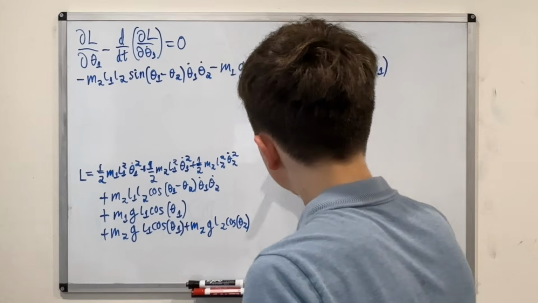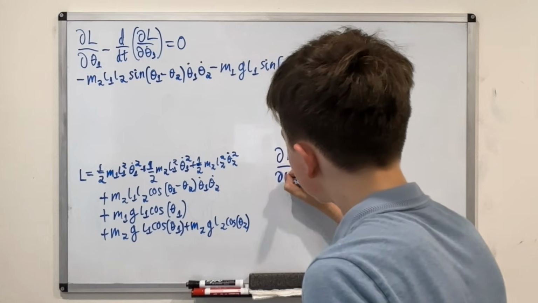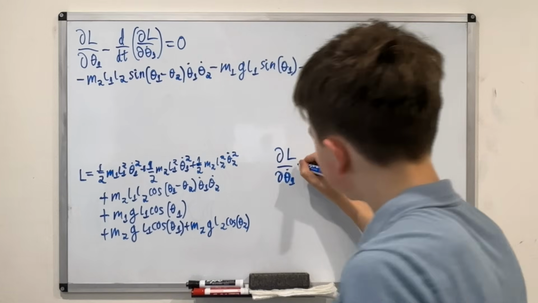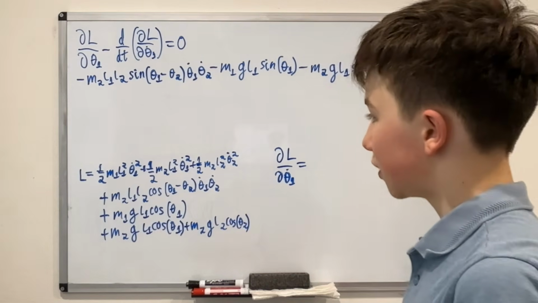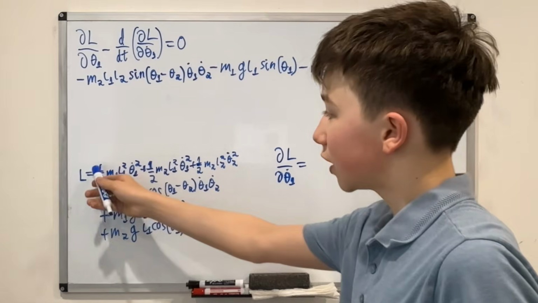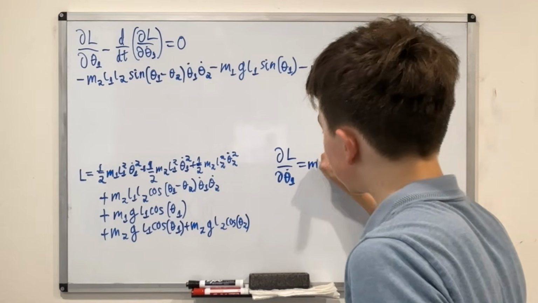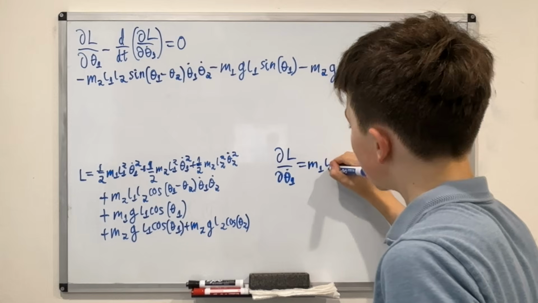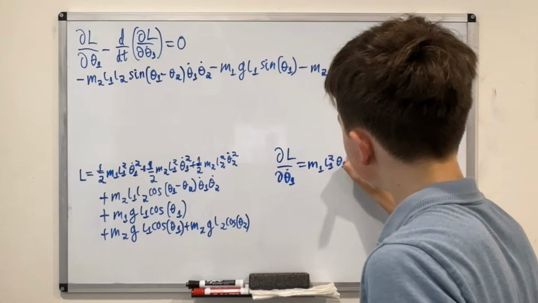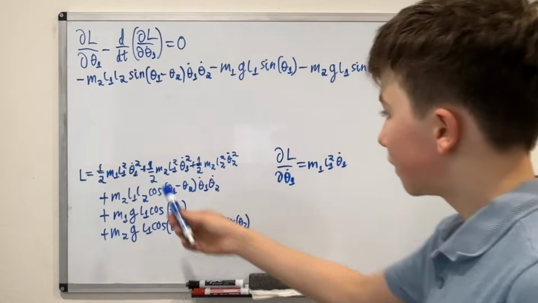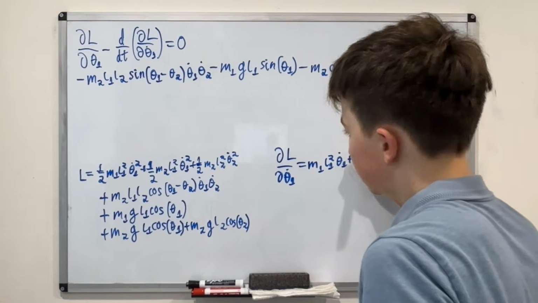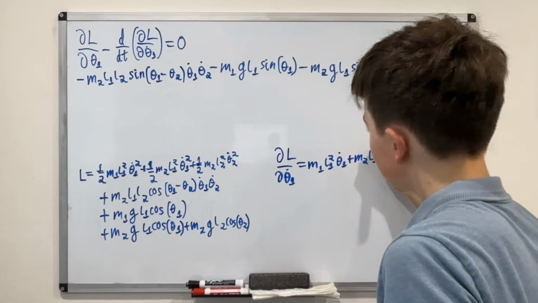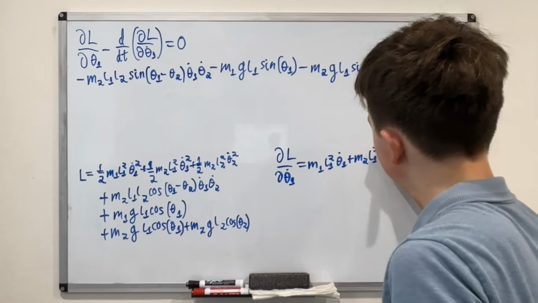So let's first find del L over del theta 1 dot. So let's see, we can differentiate this with respect to theta 1 dot. So then the 2 will cancel with the 1/2. So we're just going to have m1 L1 squared theta 1 dot. Then similarly, we can differentiate this term to get m2 L1 squared theta 1 dot.